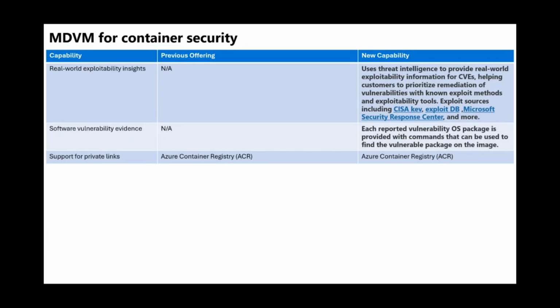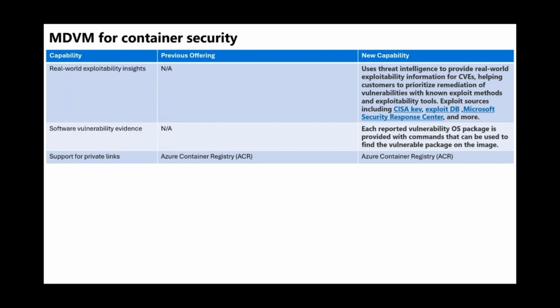And then lastly here, we did add some new capabilities that are specific to MDVM. So the first one being looking at the real-world exploitability insights, which is being able to surface exploitability information for CVEs, leveraging exploit sources such as CISA-KEV, Exploit DB, and the Microsoft Security Response Center.